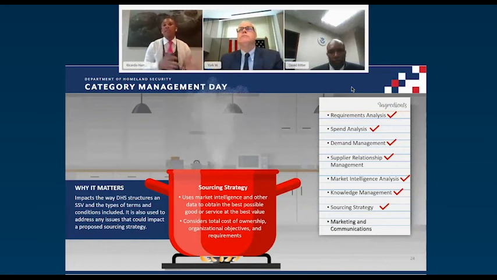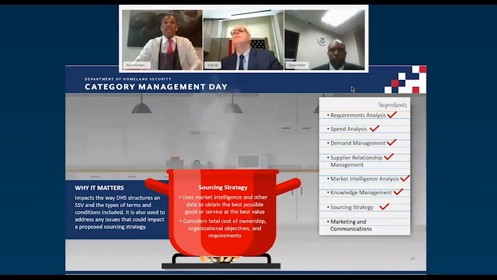And so information gleaned from demand management strategies and SRM activities helps to support any consideration that must be addressed that could potentially impact the proposed sourcing strategy. And the selection of appropriate strategies not only streamlines the procurement process, but will also deliver the right solution to meet mission needs. So there are a variety of ways that we could potentially source a requirement, as you know.